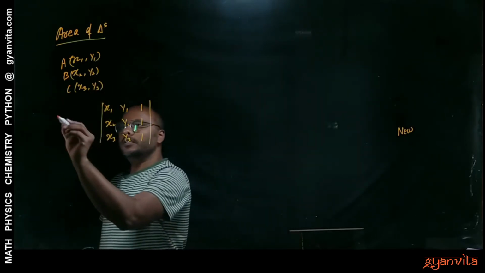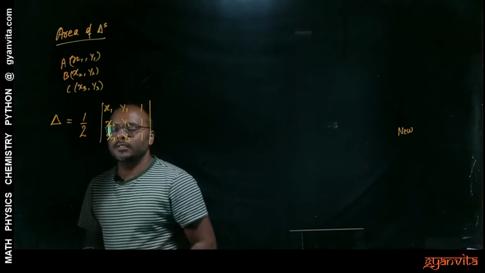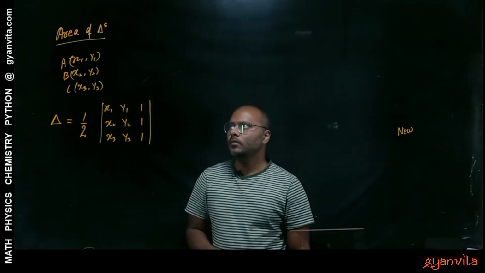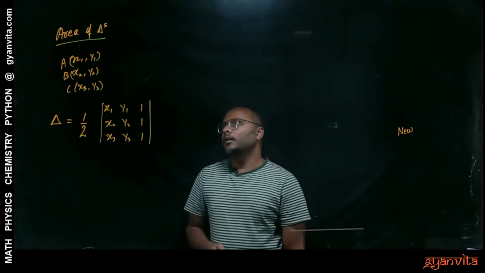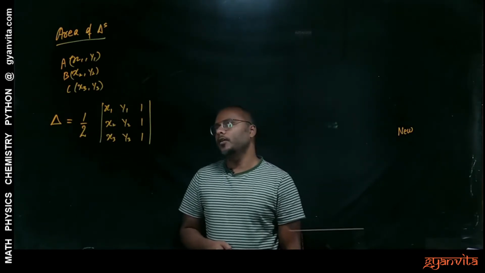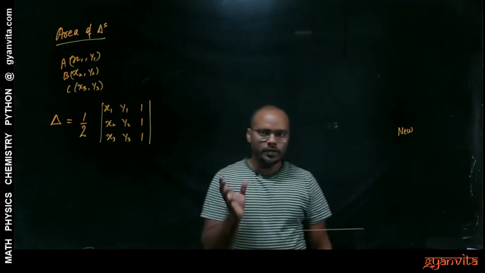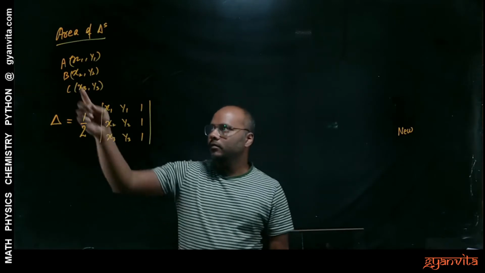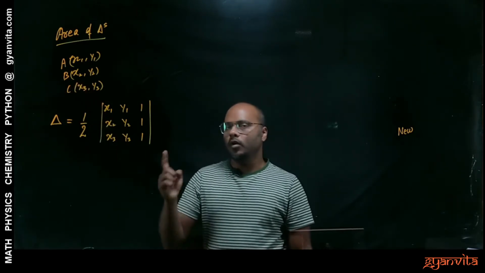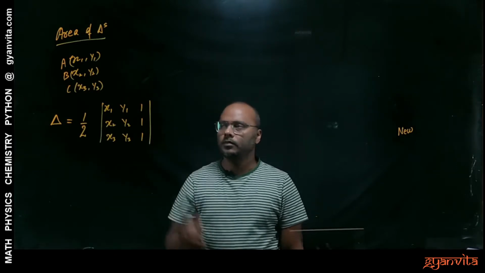The area of this triangle, let's say delta, is equal to half of this determinant. So that is the first application of determinant, right? You can use this to find the area of a triangle when you have the vertices. The restriction, or limitation, is that the coordinates of these 3 points should be in 2D, right?